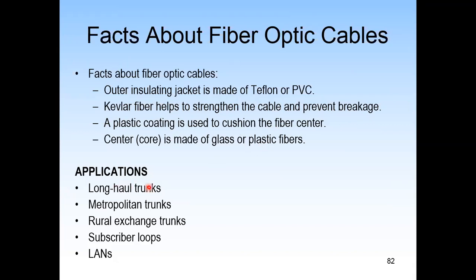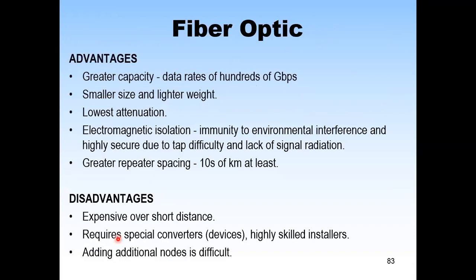Uses include long haul trunks, metropolitan trunks, rural exchange trunks, and subscriber loops and LANs. As I have discussed with you, from Pakistan to Dubai a fiber cable has been deployed, and in this way via Dubai we connect to the first world countries for internet facilities and other facilities.